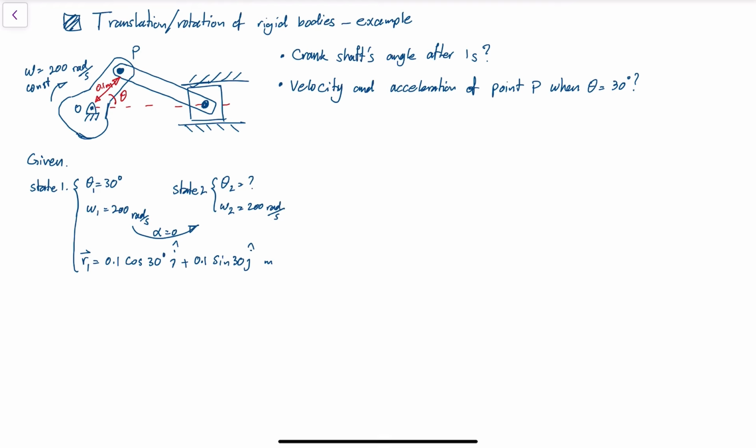What else do I know? I think that's all. And I need to find theta 2. And the problem is asking about velocity and acceleration. So V of P, because these are in general vectors, so let's not assume that we want to find magnitude, and acceleration of point P.